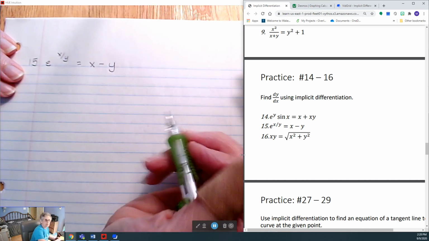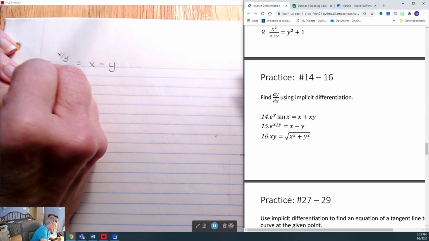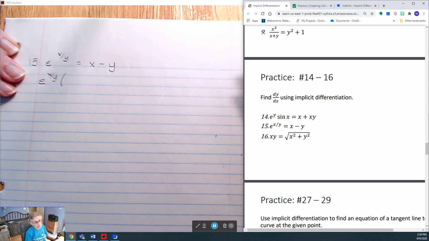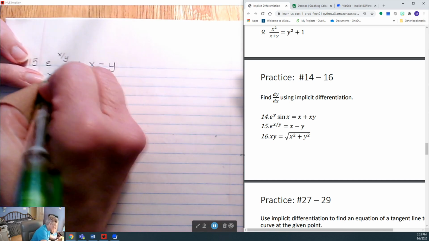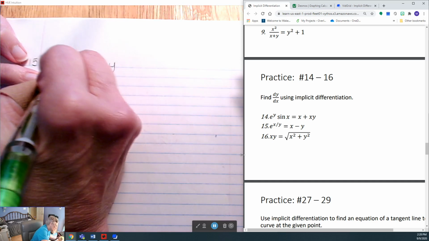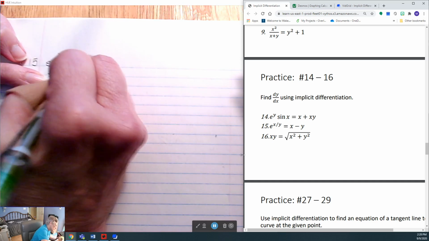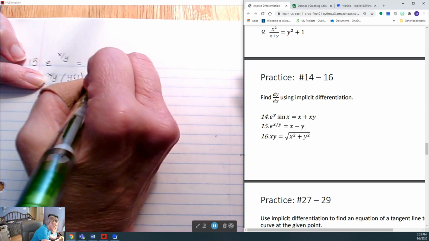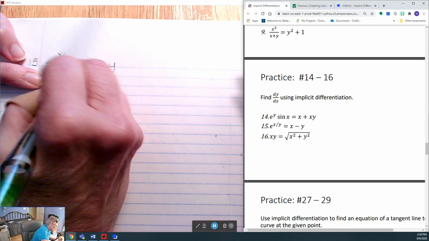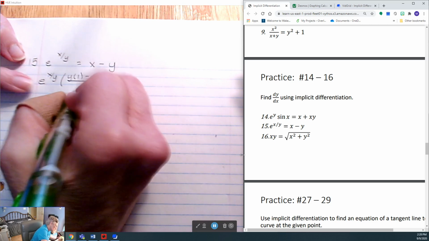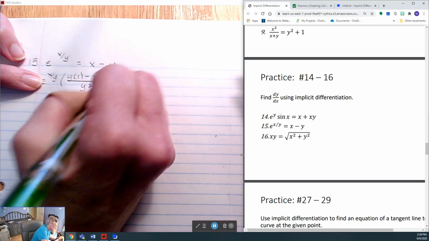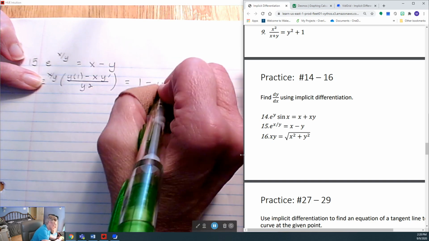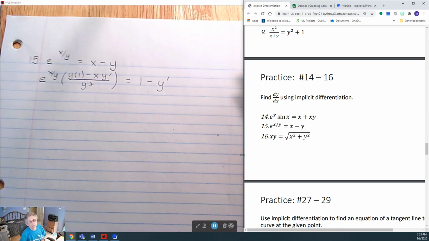So e raised to anything, the derivative is e raised to that thing, times the derivative of the exponent, which would be low, high, the quotient rule will try. It's low d high, less high d low. I'm going to write y primed this time, all over low times low, equals 1 minus y primed.